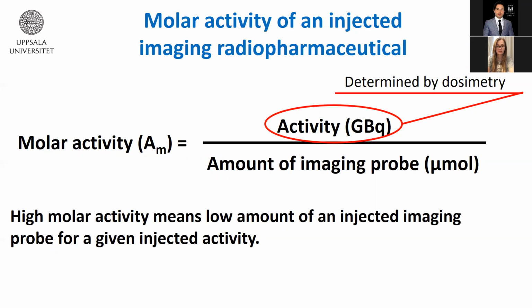And you could see how much absorbed dose would be delivered to every organ for any amount of injected activity. Then the regulating authority or ethical committee defines how much activity of every radiopharmaceutical you could inject, and not more than that. So we could say that for every radiopharmaceutical, the injected activity is more or less fixed. It's the maximum permissible.